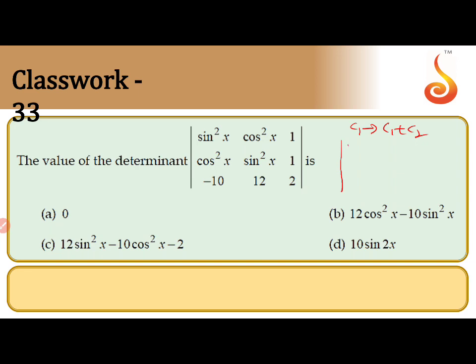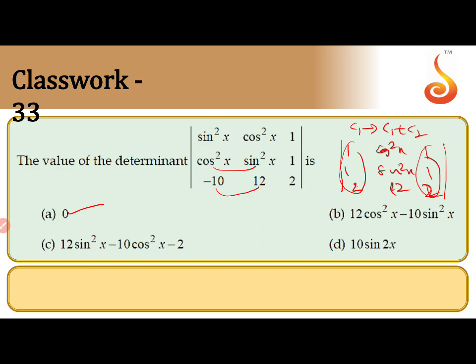Sin square x plus cos square x is 1, cos square x, 1; again cos square plus sin square is 1, sin square x, 1; and these two added to minus 10 plus 12 is 2, 12, 2. So observe: this column, this one, this one are identical. The value is 0.